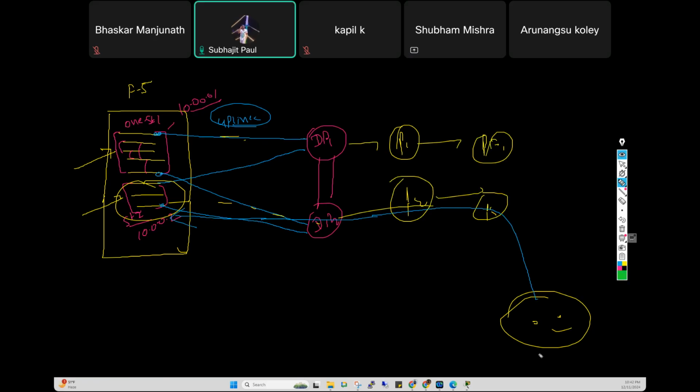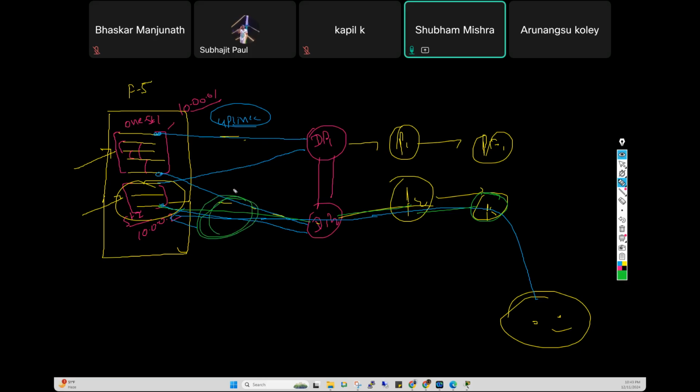Yes, sir. You are sitting in your home na? So first of all, your traffic will go towards your company P device. P forwards to the firewall, forwards to the DR, forwards to the access switch. Then you guys are able to take the SSH or console. So if you do not allow the management VLAN here, it means every traffic will go and drop here. आपका सारा traffic यहीं पे drop हो जाएगा.